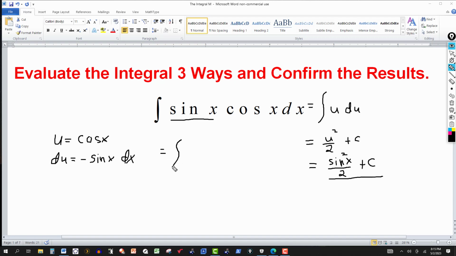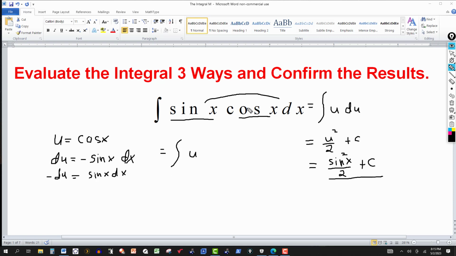This will be equal to, using this substitution, u is equal to cosine, so this cosine can be replaced by u. And then put these together over here. Sine x dx, multiplying by a negative, this will be negative du. And this will cancel out, so I get sine x dx is equal to minus du.